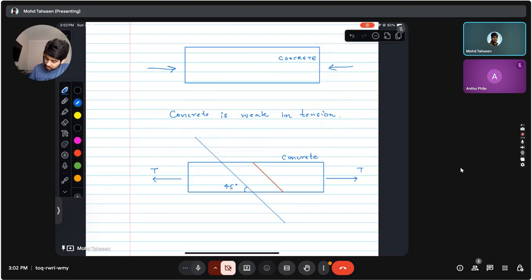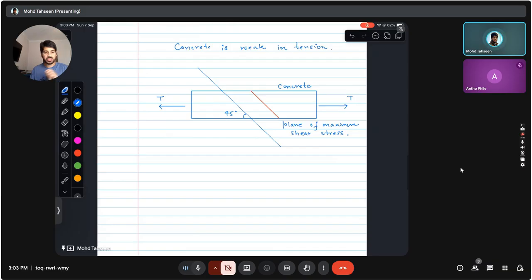So this is the plane of maximum shear stress, right? And the first cracks in concrete would appear along 45 degrees to this load, right?